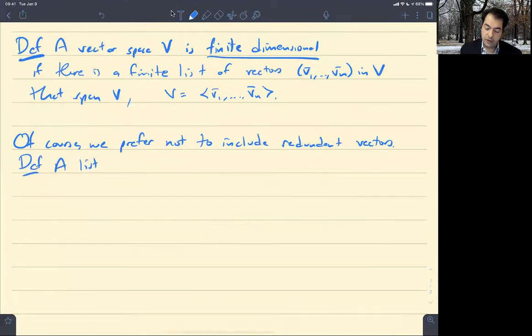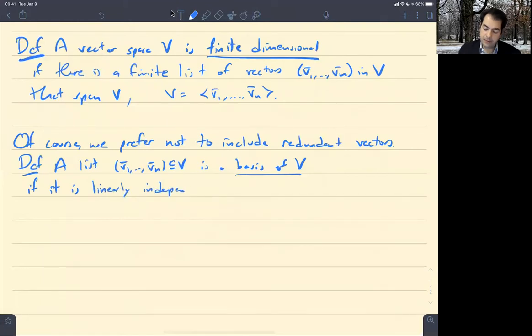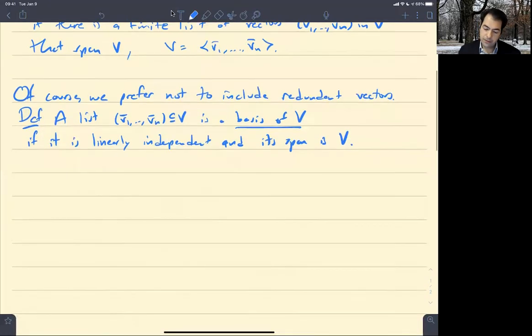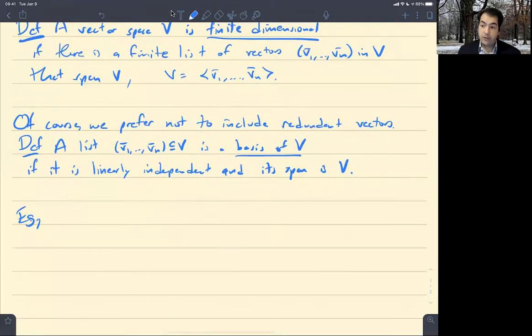So we'll say that a list V1 through Vn inside a vector space is a basis of V if it is linearly independent and its span is all of V. Okay, so for example, the canonical basis of Fn is a basis of Fn.